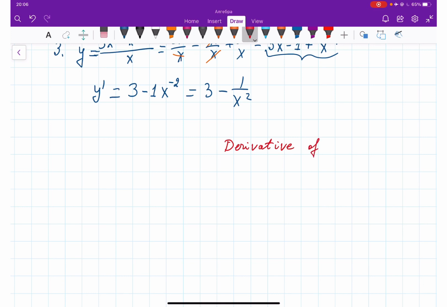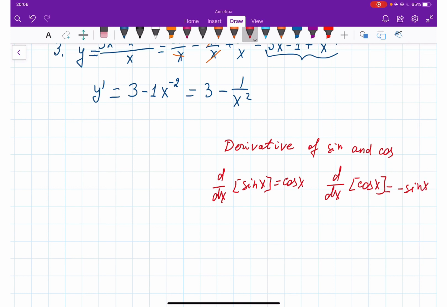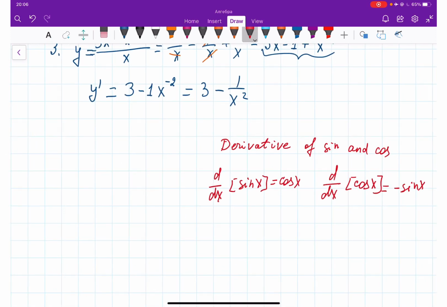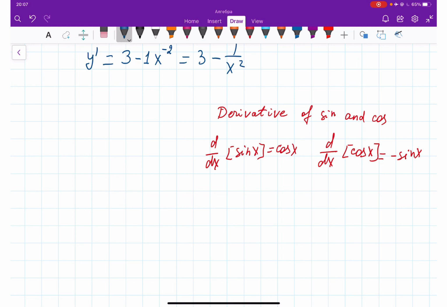The derivative of sine x is cosine x, and the derivative of cosine x is equal to negative sine x. So let's apply this rule.